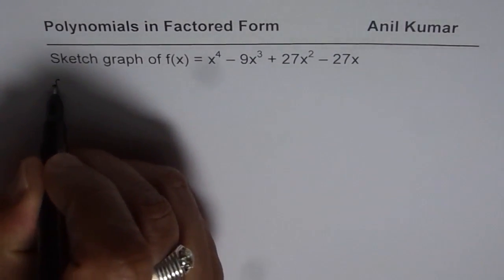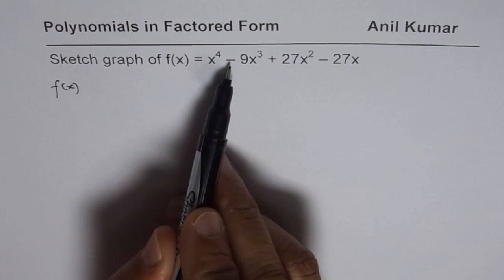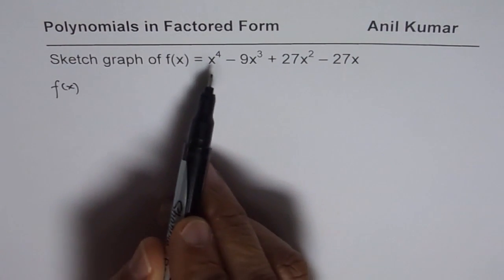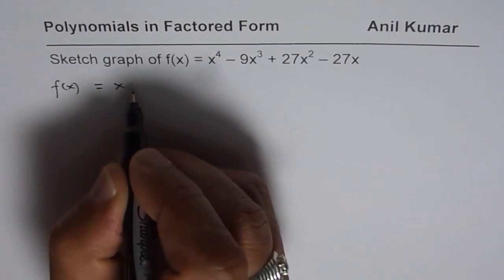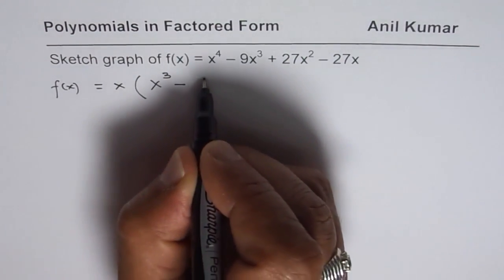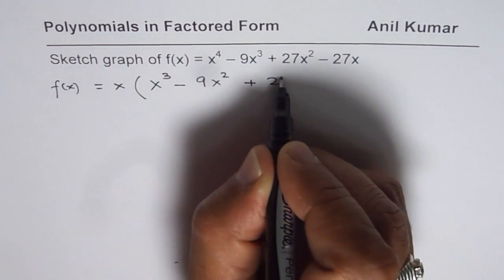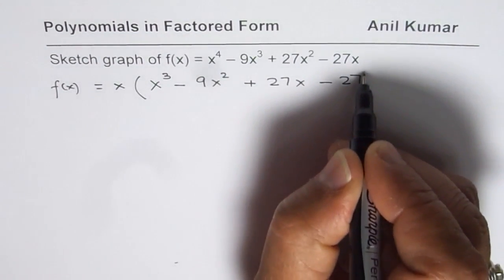We are given f of x as equal to x to the power of 4 minus 9x cubed plus 27x squared minus 27x. You can always factor x, correct? So first step is let's factor x. Then what do we get? We get x cubed minus 9x squared plus 27x minus 27.